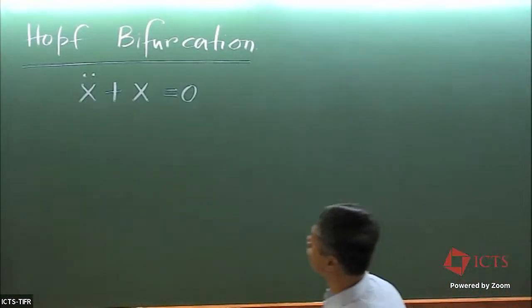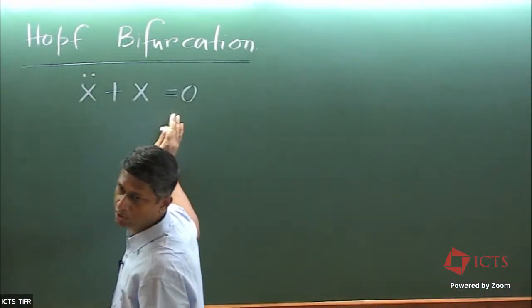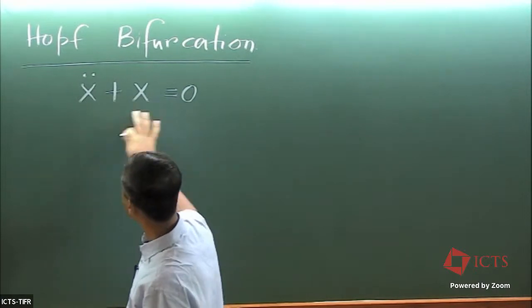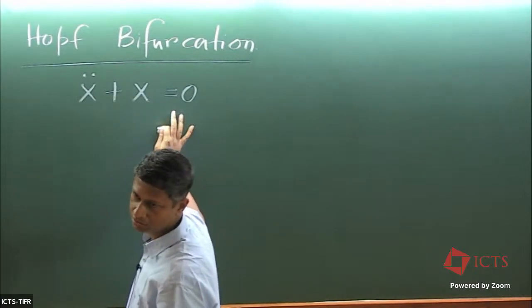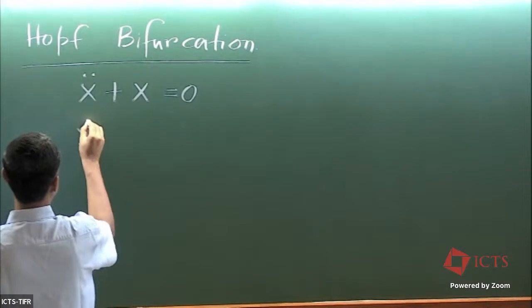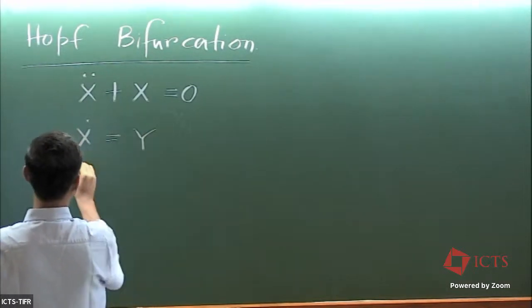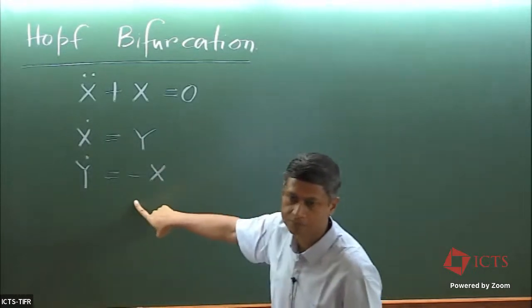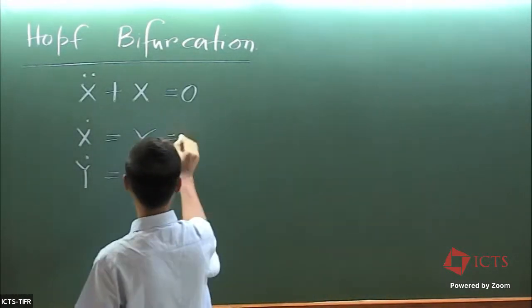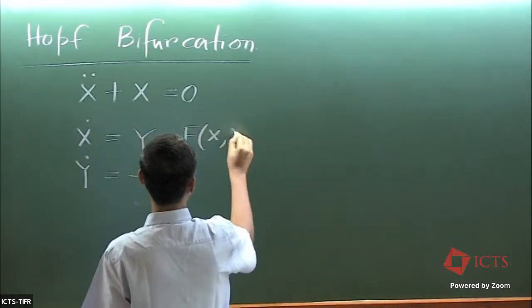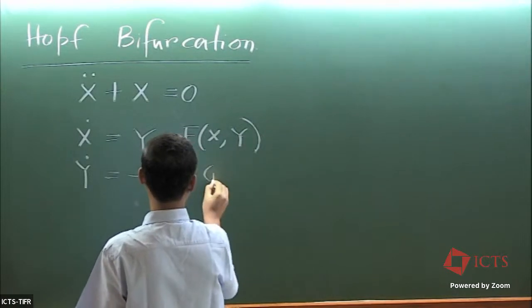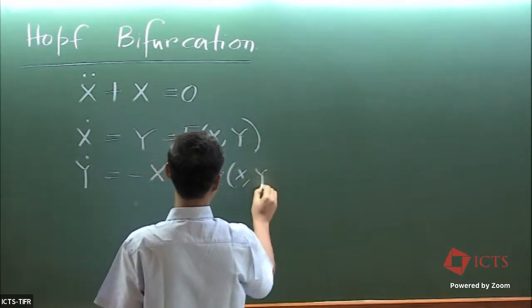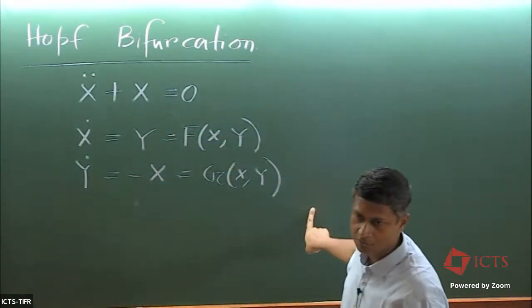Right? Though I have not established this theory, from here also you can perform linear stability analysis. I can write it as x dot equals y, and y dot equals minus x. Right? This I can think of as f of x, y, and this as g of x, y. I could uncouple the system, right?